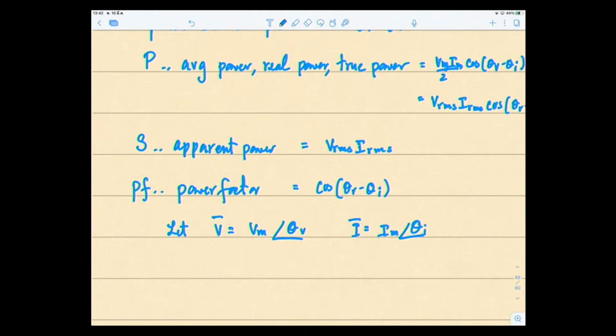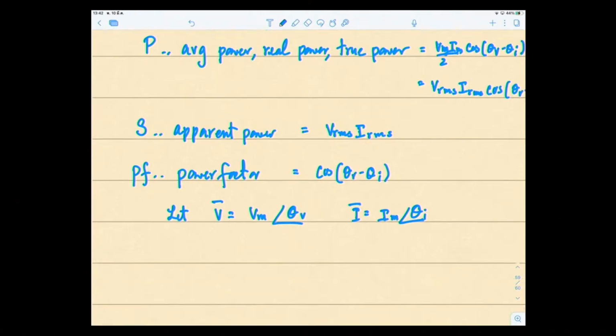The formula for complex power is vector S. I've written S with a bar on top, but in the textbook it's denoted as a bold black letter S.